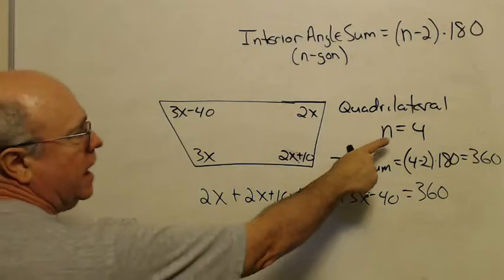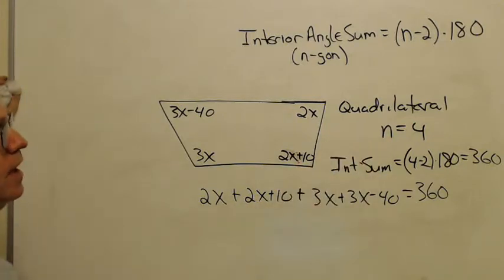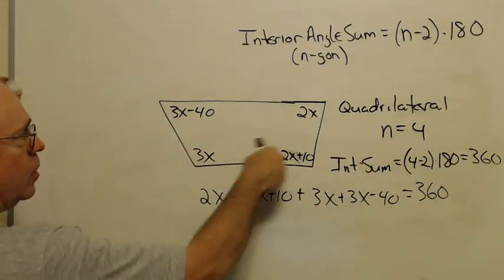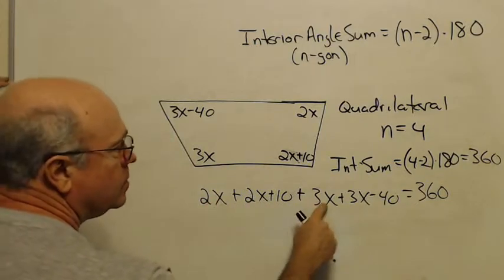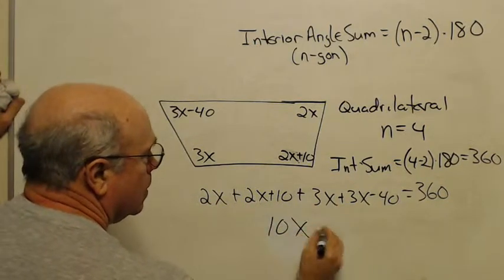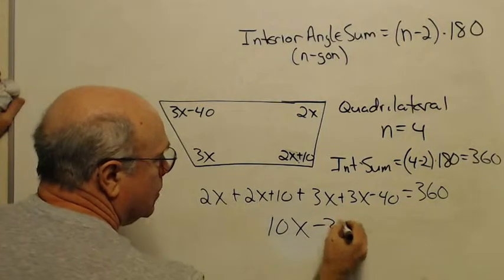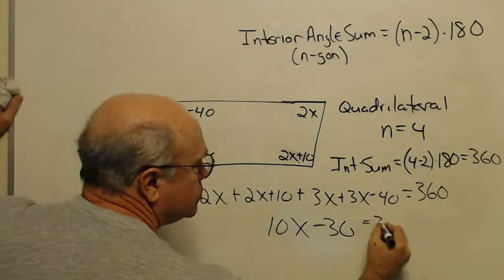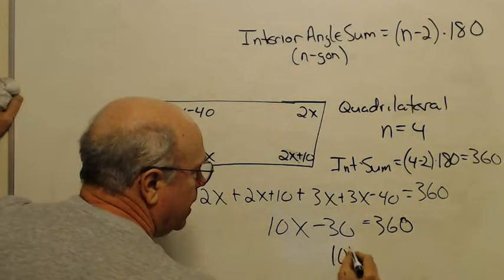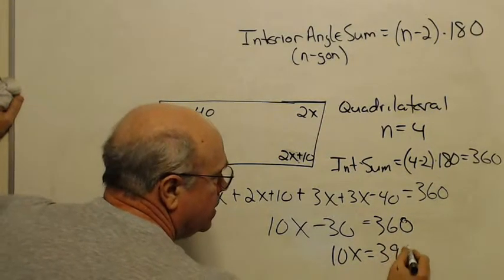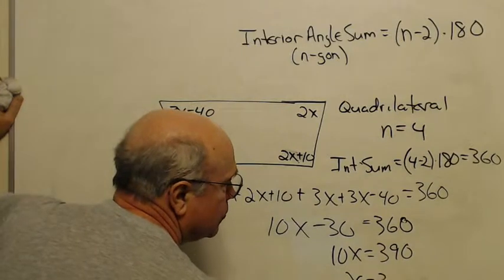You just want to find the angle sum for whatever you're working with, add all the angles up and set it equal to the angle sum. So that's 2, 4, 10x, minus 30, 10 minus 40, equals 360. So that would be 10x equaling 390, x equals 39.